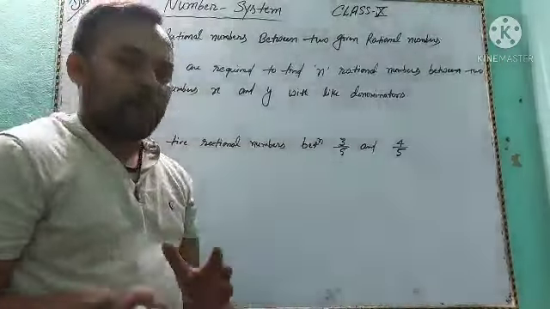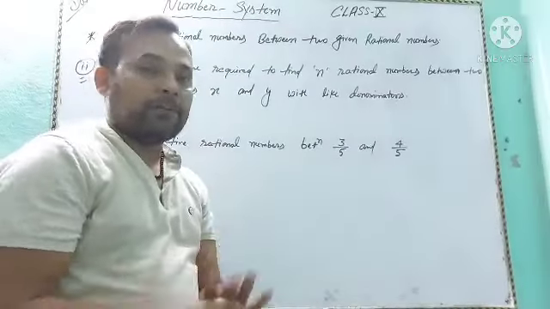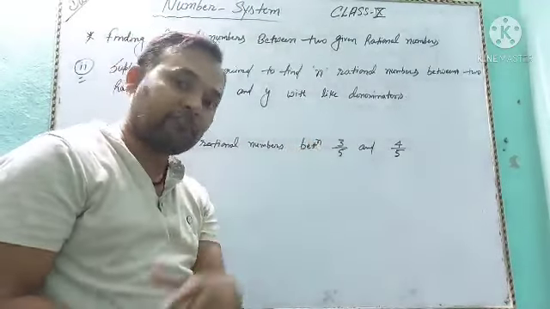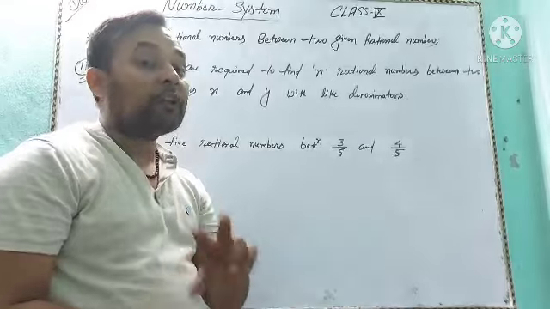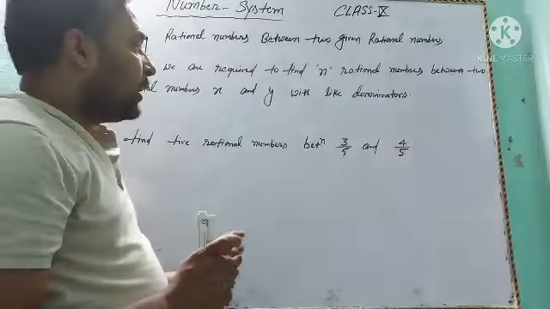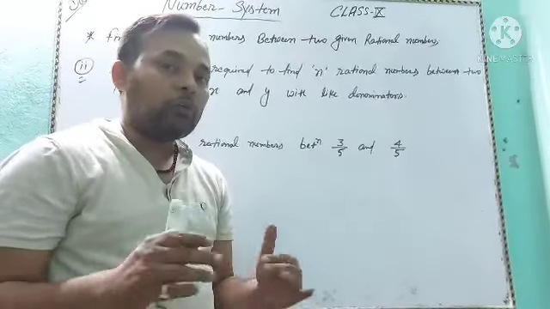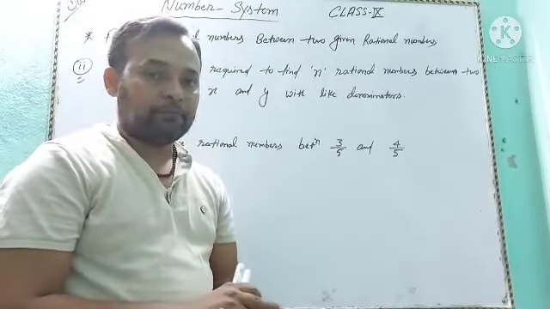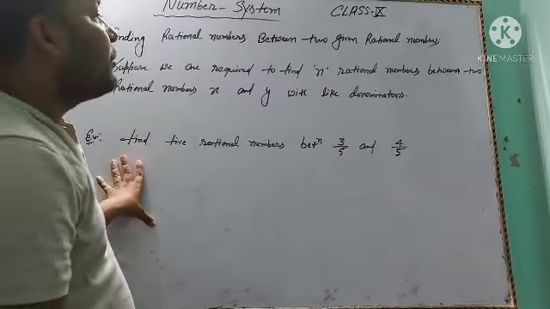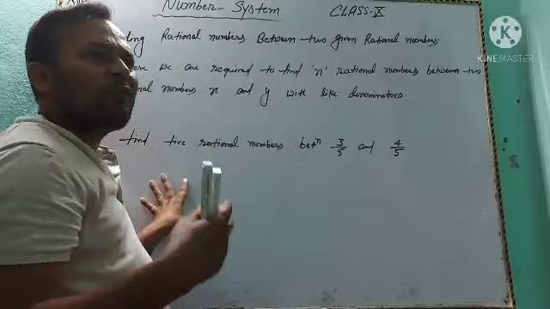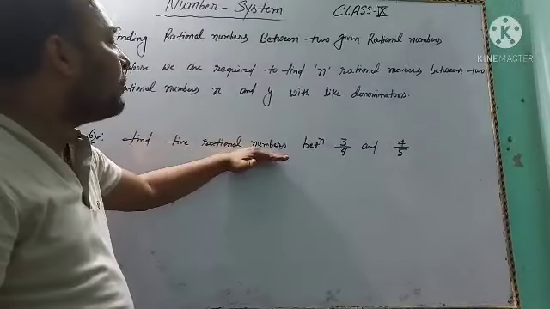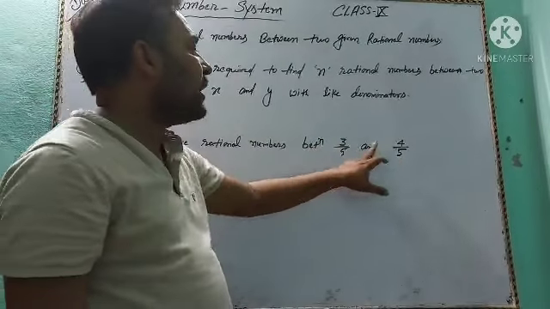It means the denominators of both rational numbers are the same. For example, n means 1, 2, 3, 4, 5, 6, 7, etc. So find 5 rational numbers between 3 by 5 and 4 by 5.